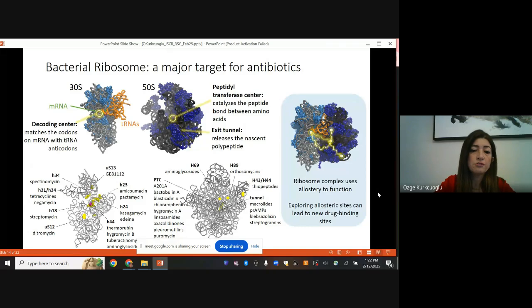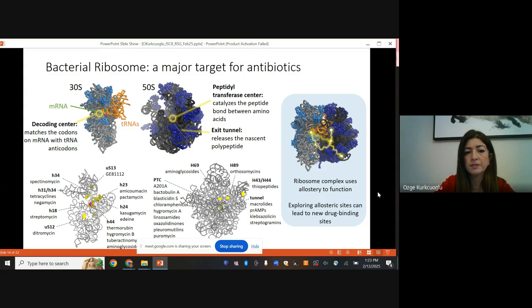And messenger RNA binds the neck region of the small subunit. There exist 3 binding sites of transfer RNAs, bringing the amino acids to the complex. And these are called the amino acid site, the peptidyl site, and the exit site. Transfer RNAs with the amino acids enter the complex from the amino acid site and exit the complex from the exit site.